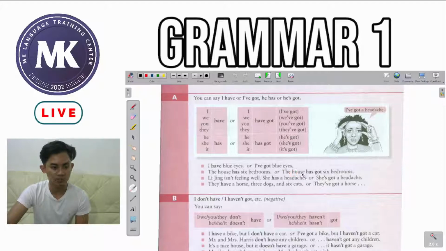See, the house. When we're talking about things, we use it as a pronoun. So since house is replaced by the pronoun it, that is why we have to use has and not have.